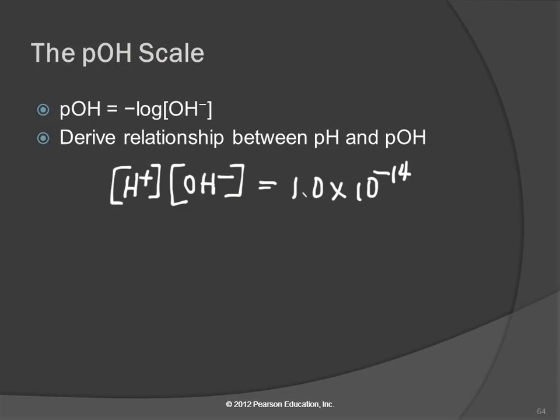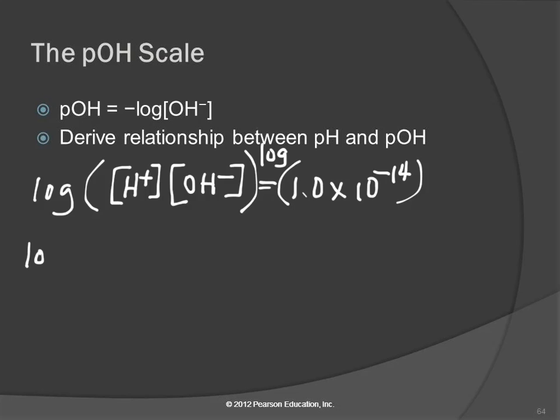So what I can do is take the logarithm of both sides. So the log of this and the log of that. When you take the log of things that are multiplied, you end up adding the logarithms.